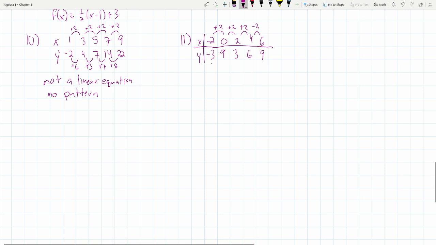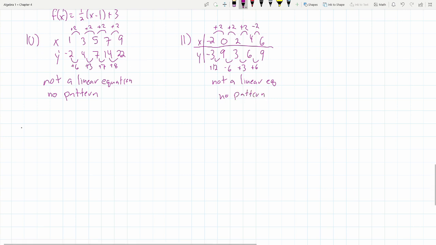Alright, to go from negative 3 to 9, we need plus 12. 9 to 3, we need minus 6. 3 to 6, we need plus 3. 6 to 9, we need plus 6. Again, no pattern there. So, not a linear equation.